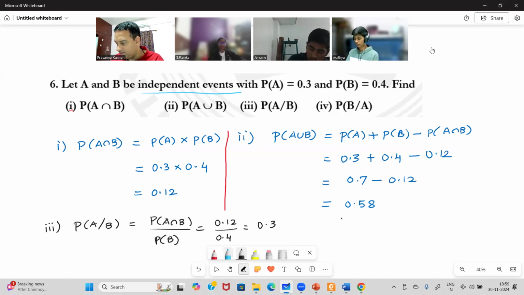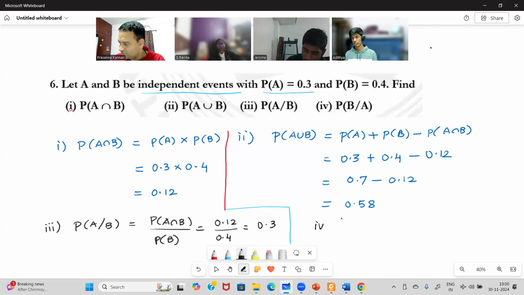0.3, sir. Is there any other way you could have done this, Anika? Because it is given that A and B are independent, then what will be P of A given B? P of A given B will be simply P of A, no? Yes, sir. So it will be just 0.3, no?